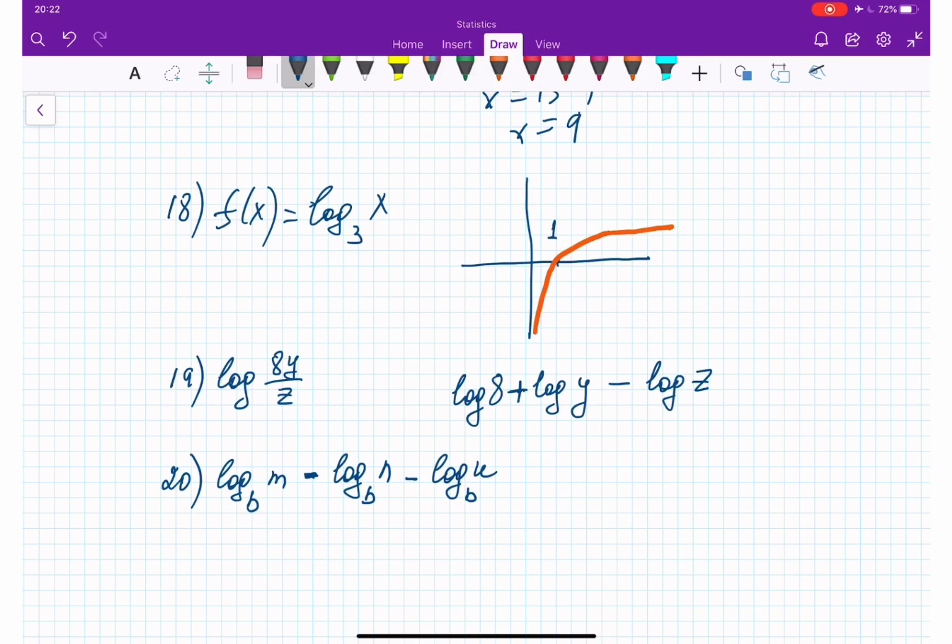Okay, we have subtraction everywhere, which is going to be all division, right? Because division is converted into subtraction and subtraction is converted into division. So it's going to be equal to log with base b of m divided by n, since log m minus log n becomes m divided by n, and then another minus u, so it's going to be divided by u also.